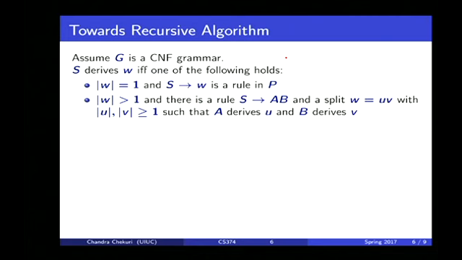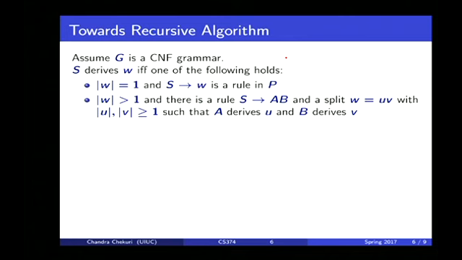The recursive problem has to solve A derives U, right? Where the length of U is at least one less than the length of W. Okay, but how do we know whether A derives U or not? Again, recursion, right? To check whether A derives U, you have to check: if the length of U is 1, I'm happy, right?